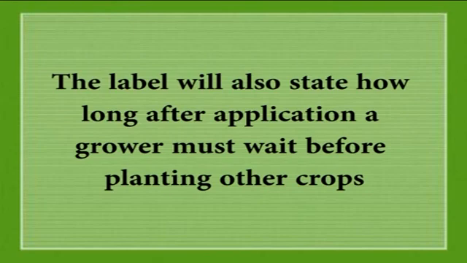The label will also state how long after application a grower must wait before planting other crops. Plant back restrictions are a good reason for keeping accurate pesticide application records.